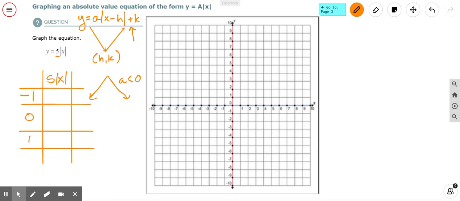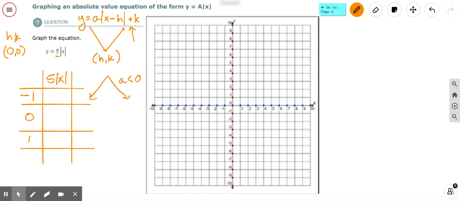And for absolute values, it's kind of good to always get maybe another couple if you have to, to make sure you find the vertex. Now, I happen to know that 0, 0 is the vertex. You know why? Because there is no H and there is no K. The H doesn't exist, neither does the K. Therefore, it means it is 0, 0.